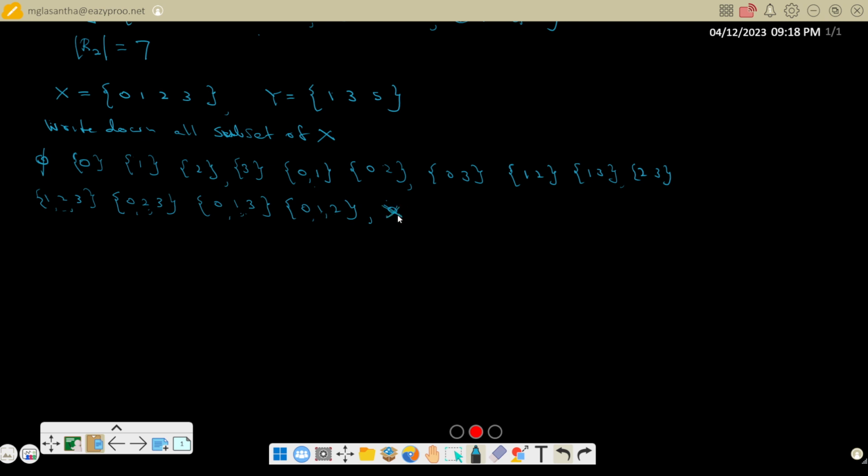Yes, X itself is a subset of X. Can you count the number of subsets? 1, 2, 3, up to 15, 16. There are 16 subsets.